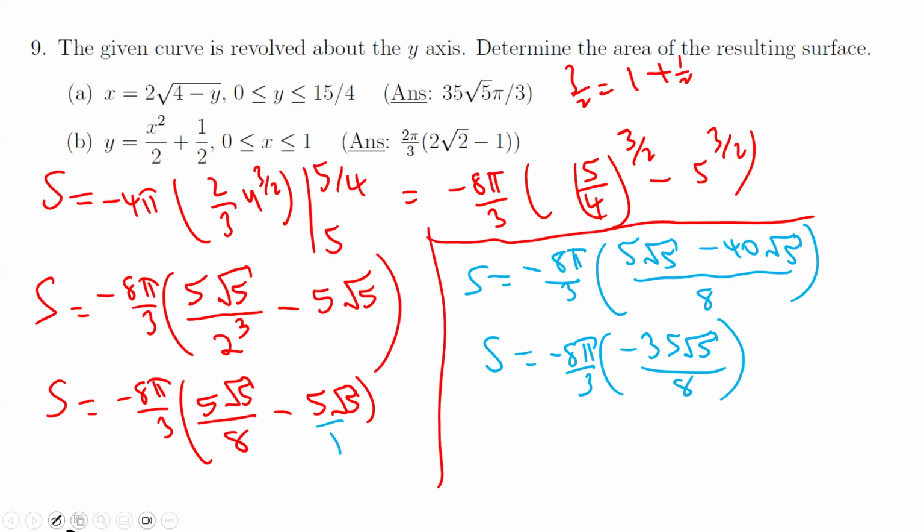Let us check if we're not getting exactly the same answer. It's like we are close to the answer. So we can see that 8 cancels here. And then you have negative times negative, which is a positive.